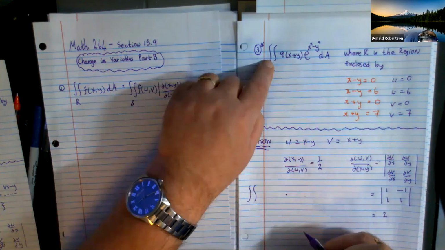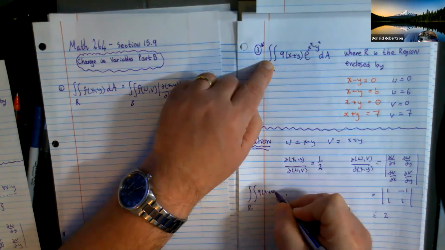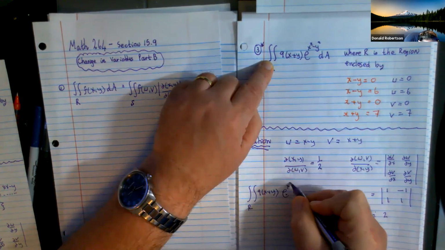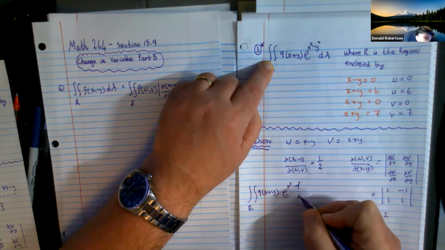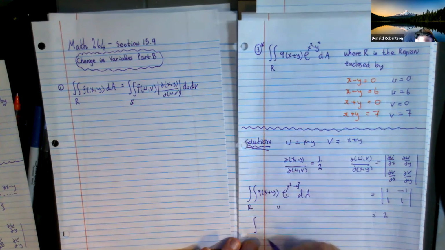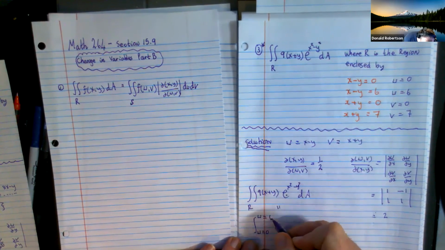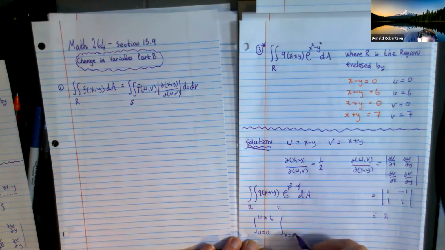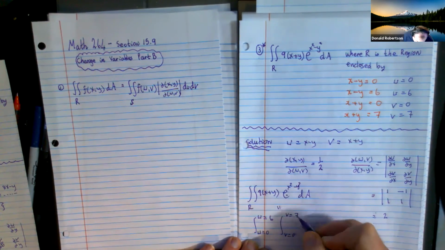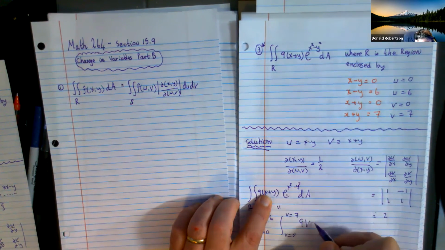This double integral over R of 9(x plus y) e to the x squared minus y squared dA is going to turn into u equals, and there's no particular reason I'm putting u first, it's just what I saw when I wrote it down. v equals, u is 0 to 7, 9. x plus y is v.